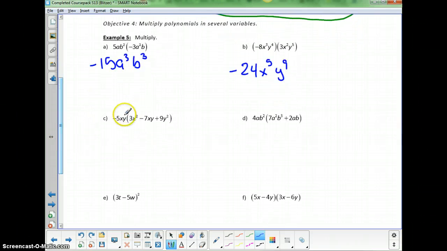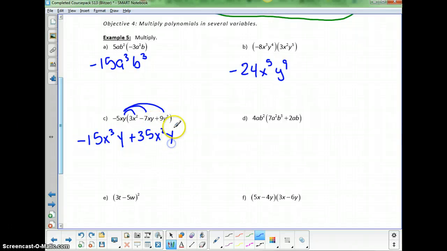In the next two examples, there is distributing to do because there's more than one term inside the parentheses. So we're going to get negative 15x cubed y plus 35x squared y squared minus 45xy cubed.